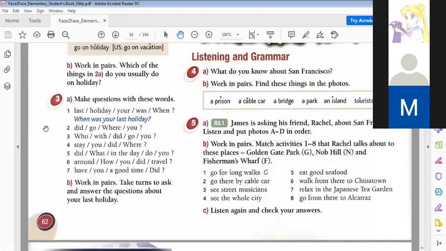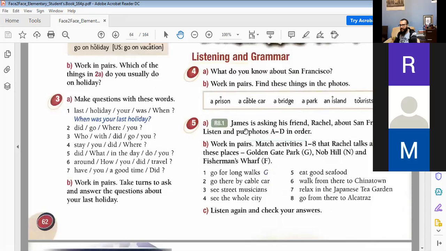Okay. Ranin, can you do number 4? Can you hear us, Ranin? Where did you stay? Very good. Correct. Where did you stay? That's correct. Yes. Okay, Salsabil, what about number 5? Okay. What did you do in the day? That's correct. What did you do in the day?